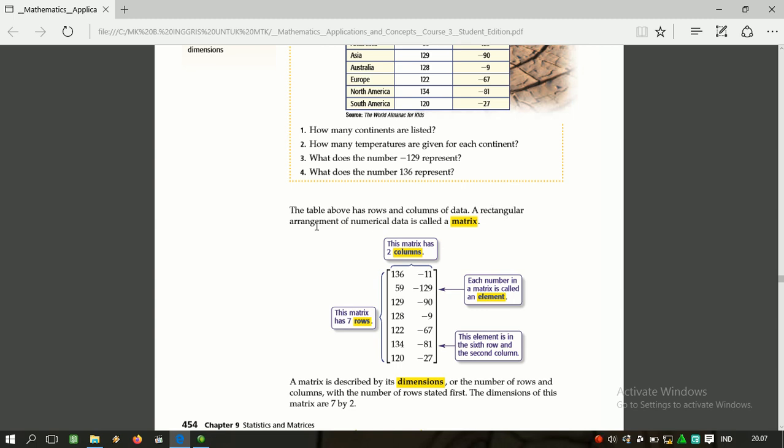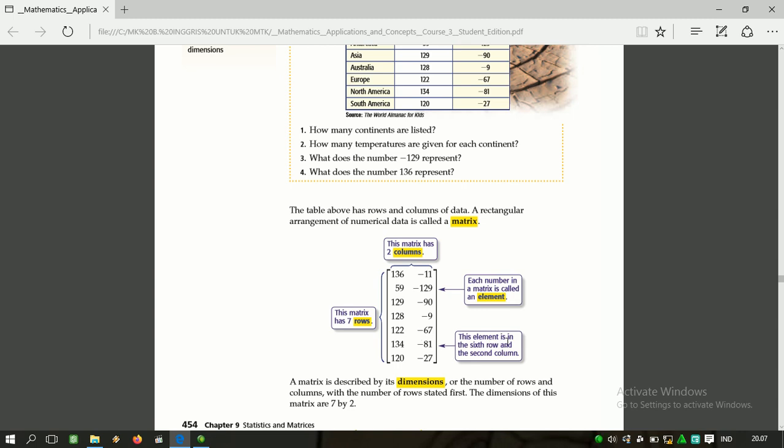A rectangular arrangement of numerical data is called a matrix. This matrix has 2 columns, and this matrix has 7 rows. Each number in a matrix is called an element.